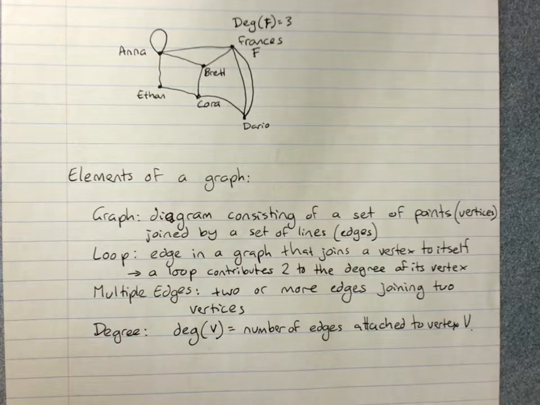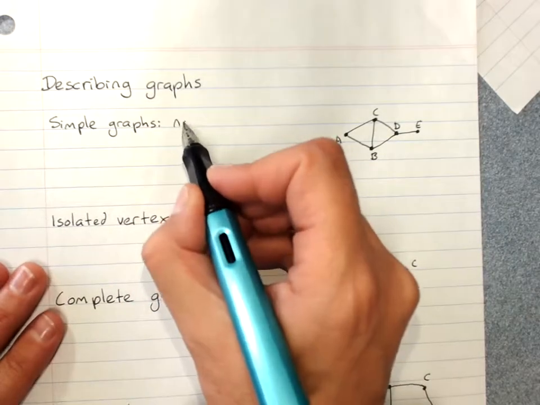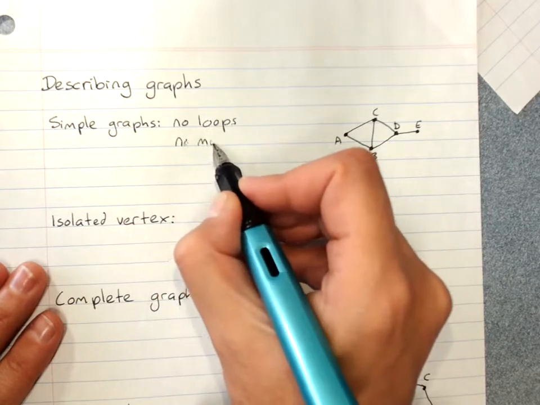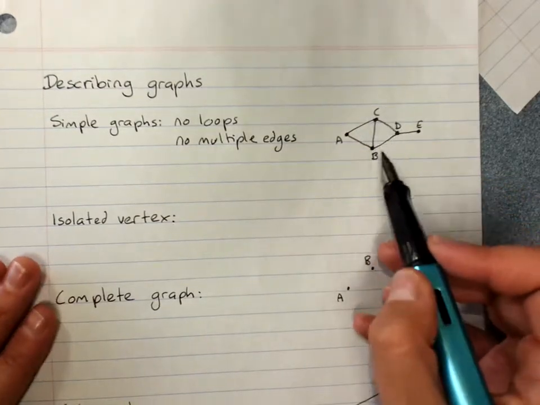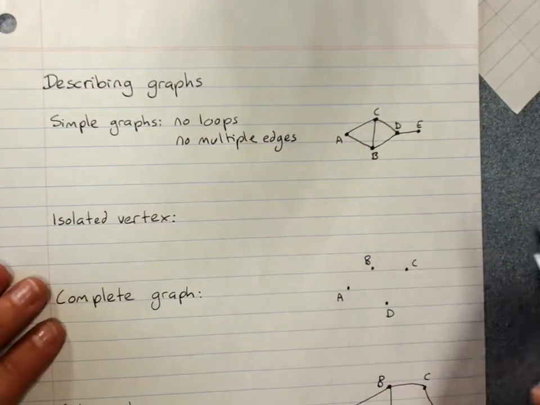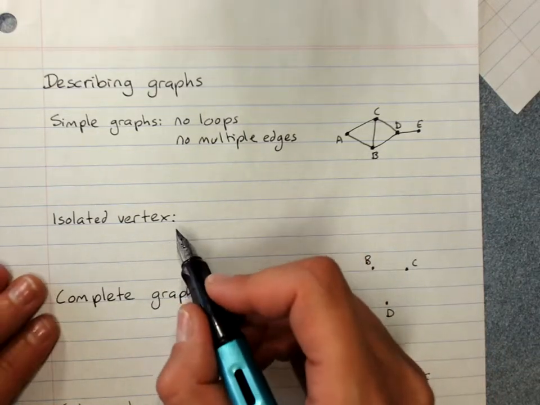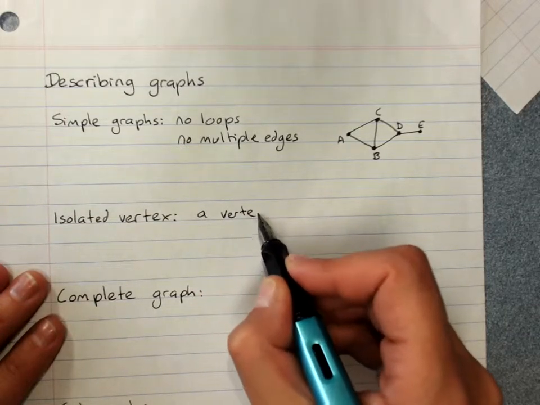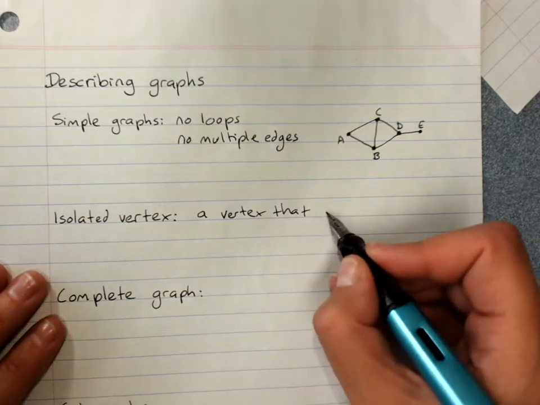Now there's a couple of categories of graphs and we need to be able to identify these. A simple graph has no loops or multiple edges. So this is an example of a simple graph, no loops, no multiple edges, nice and boring. An isolated vertex is a vertex that is not connected to any other. So it has no edges attached to it.